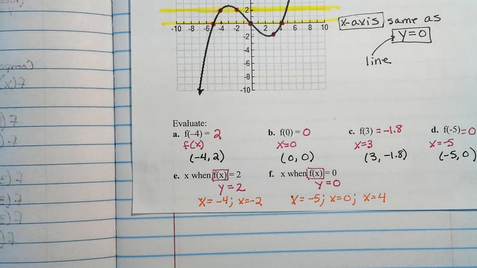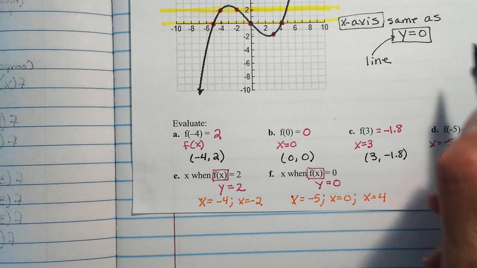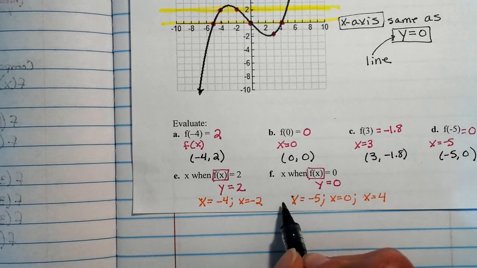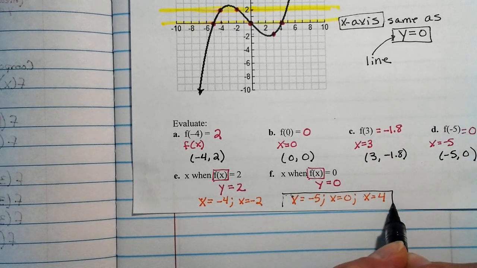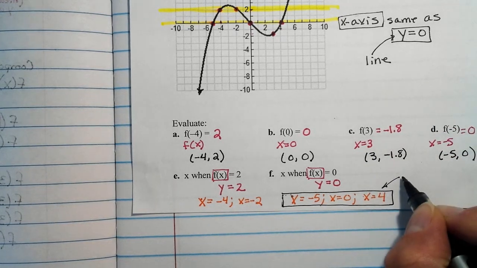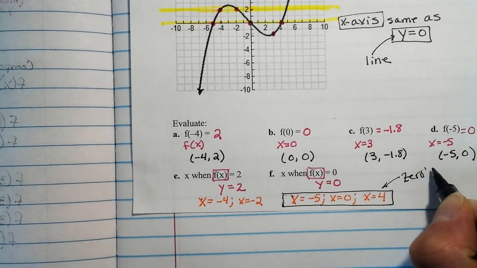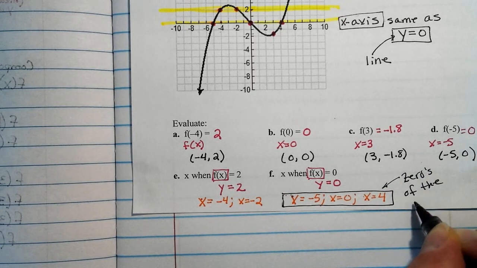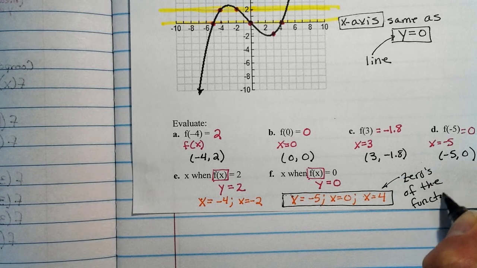And in fact, where y equals 0 is very important, and we'll be learning this in a few lessons, because these are called the zeros of the function. So I'm just going to write this like this, just introducing a term. So these are called the zeros of the function.